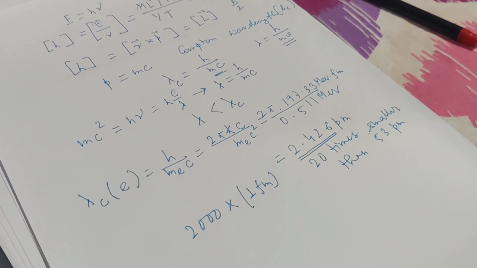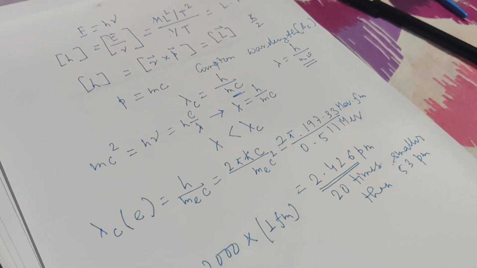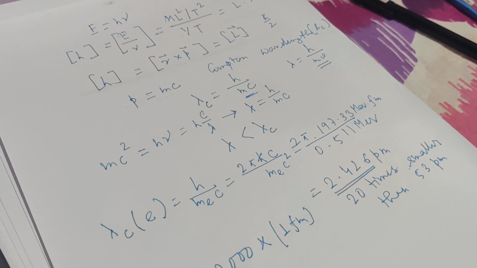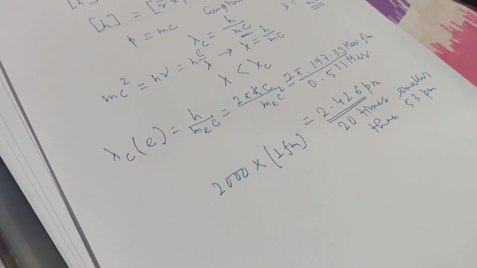So the Compton wavelength of the electron appears in the formula for the change of photon wavelength in the process called Compton scattering. So what is Compton scattering?